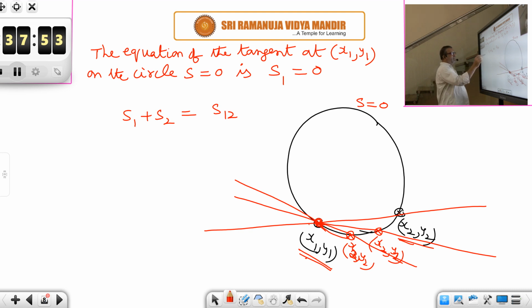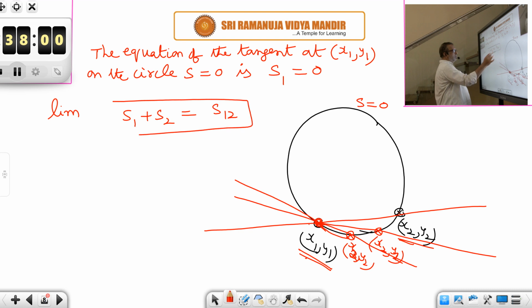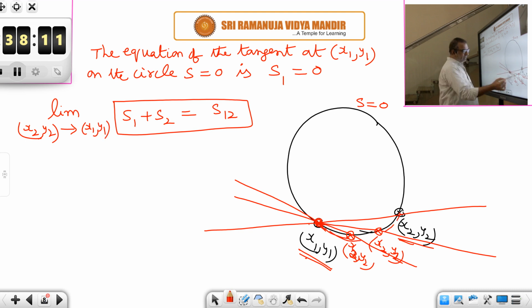So that means to get the tangent at x1, y1, we have to take the limit of this equation. Chord joining the points, take its limit as x2, y2 tends to x1, y1. Then this line approaches a limiting line, limiting position. That limiting position of the line is called the tangent at the point x1, y1.